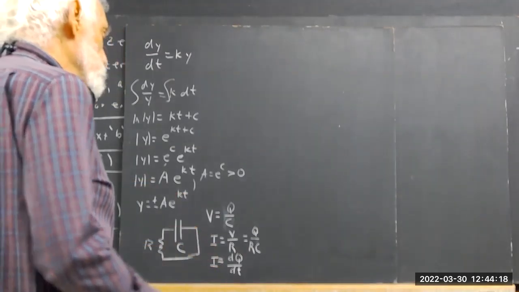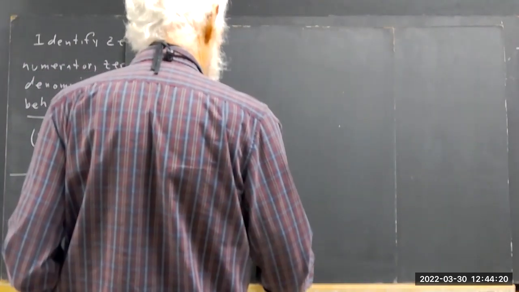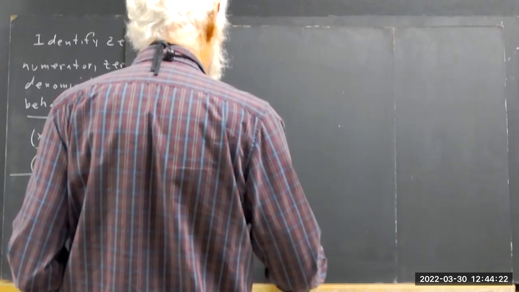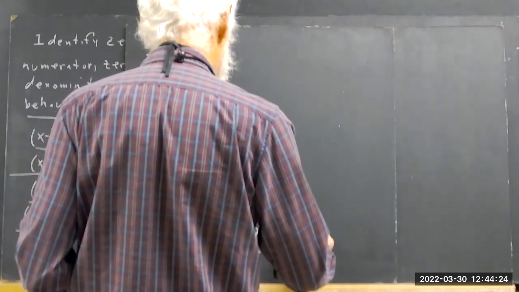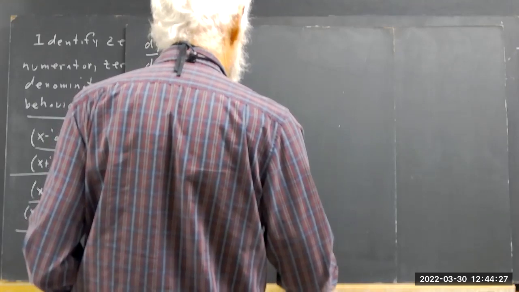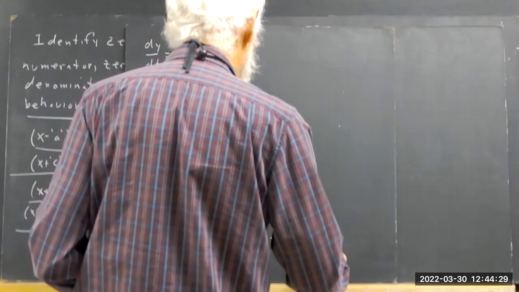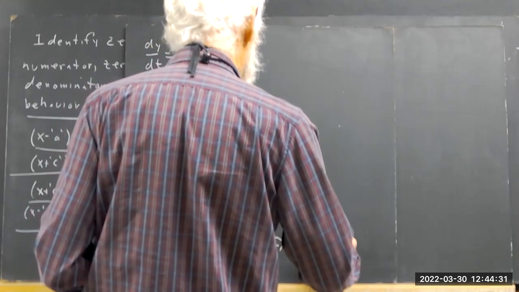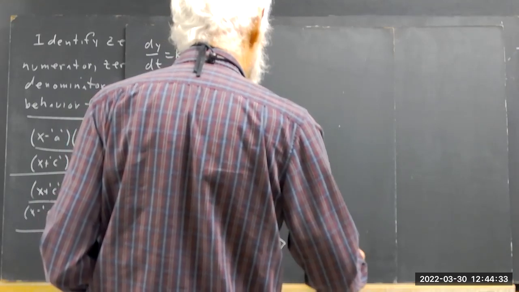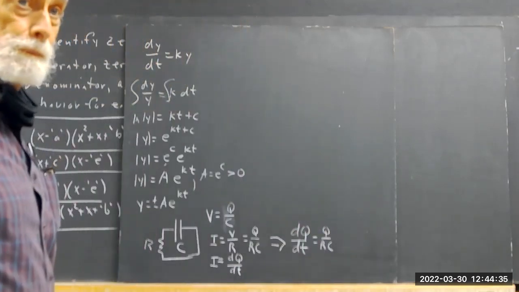But what's this lead you to? The current is dQ/dt, but your current is also Q over RC.